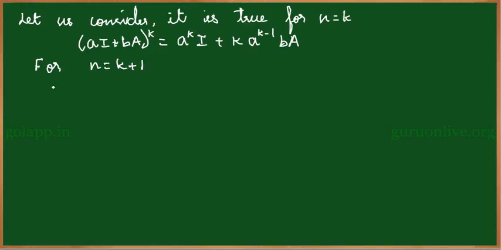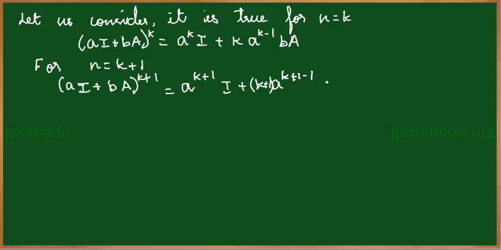So replace n as k plus 1. We get (aI + bA)^(k+1) is equal to a^(k+1) I plus (k+1) a^(k+1-1) bA.